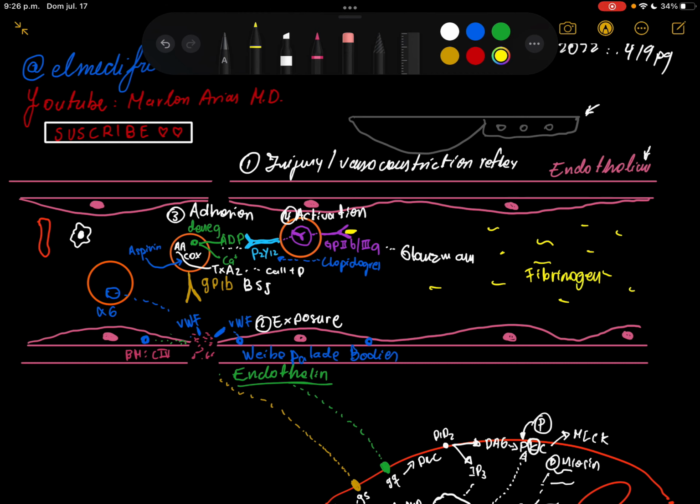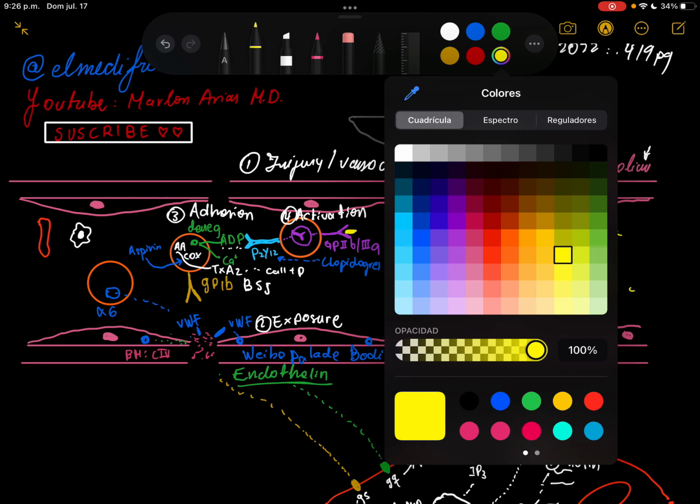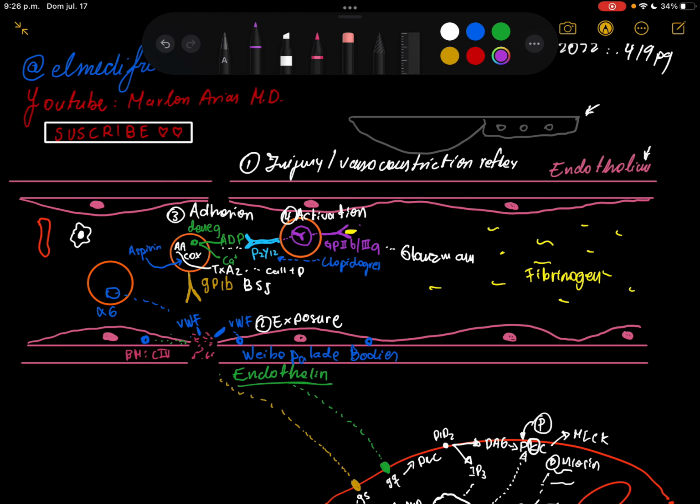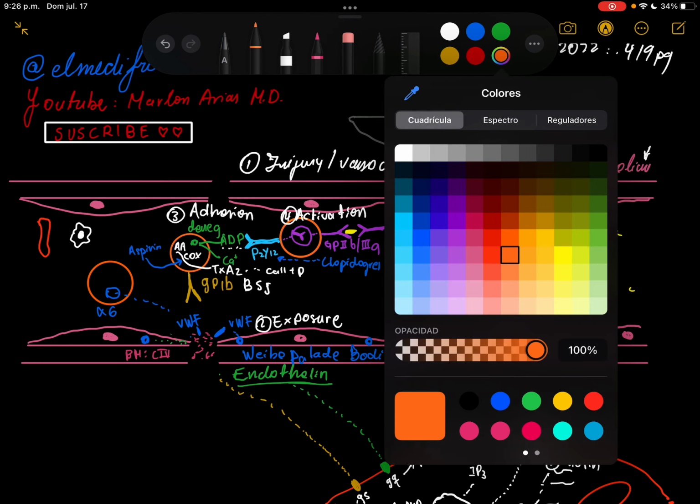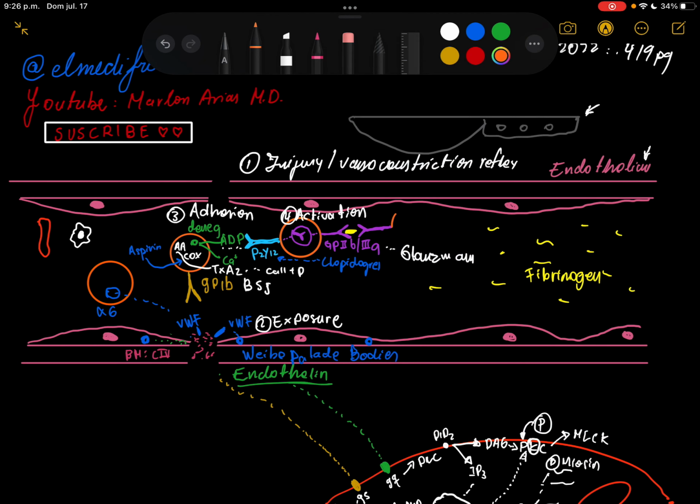Okay, and fibrinogen is going to bind to another platelet by the same receptor, GP2B3A, and make the next step that we're going to call aggregation.